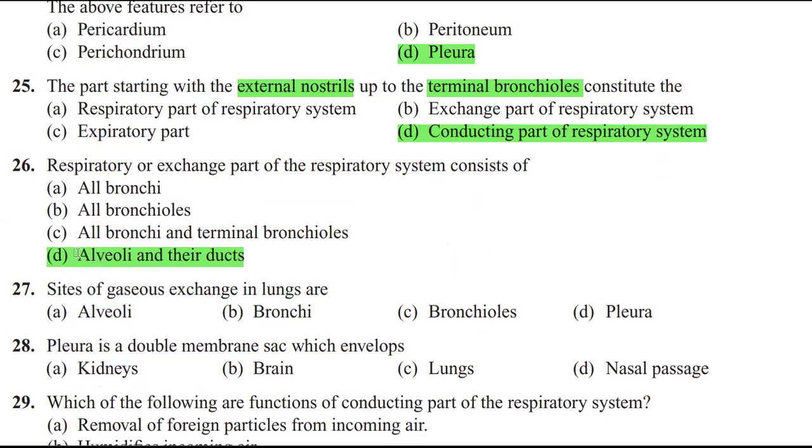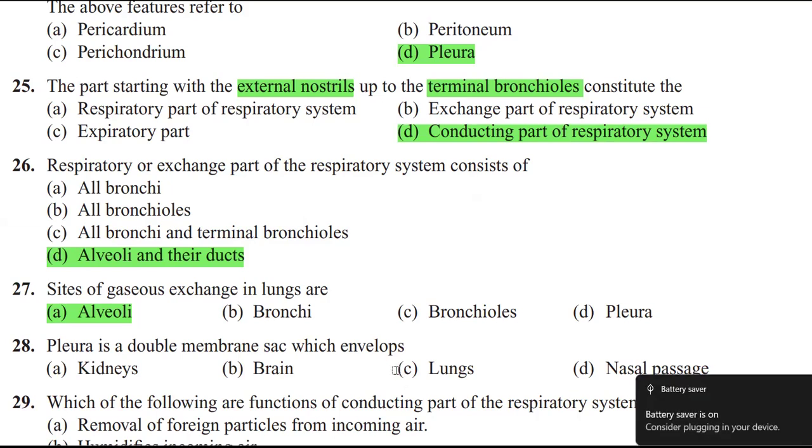Sites of gas exchange in lungs are alveoli, bronchi, bronchioles, pleura. That is alveoli. Pleura is a double membrane sac which envelops kidney, brain, lungs, nasal passage. That is lungs.